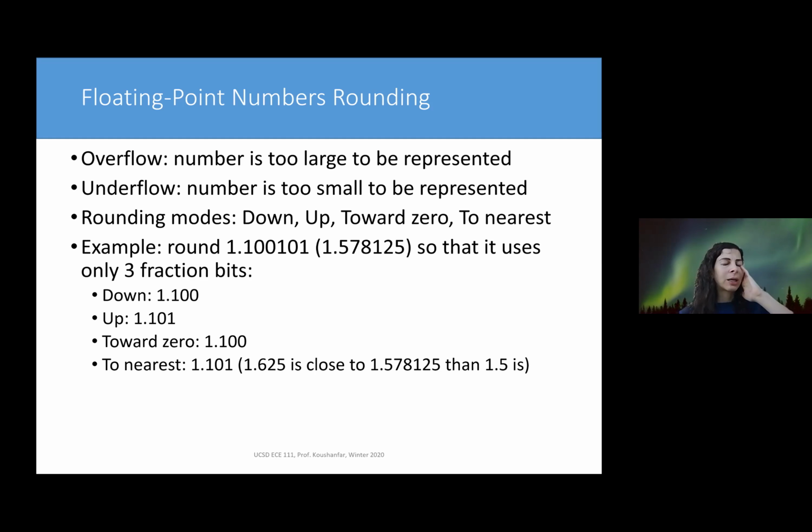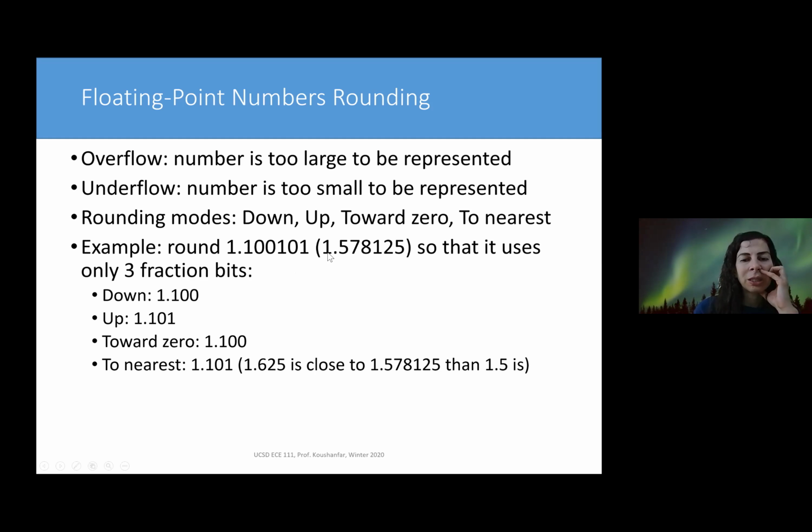So for example, assume that I have this number in the fraction. And now, assume that I want to round this so it only has 3 fraction bits. Then, this would be 1.5 if I'm rounding down.